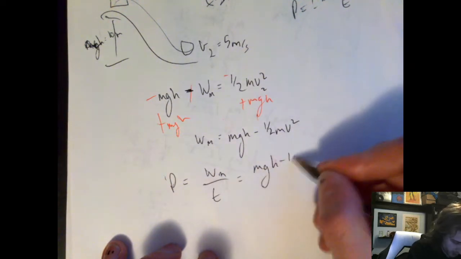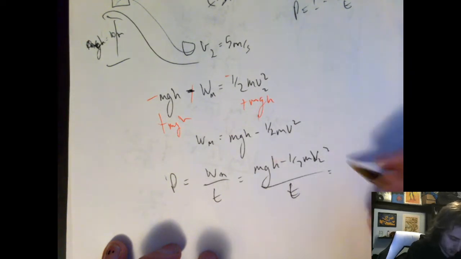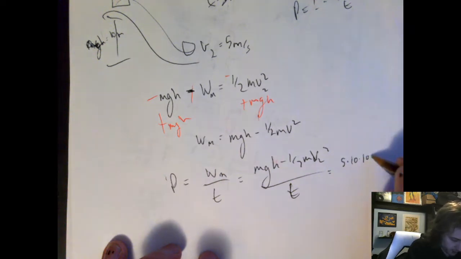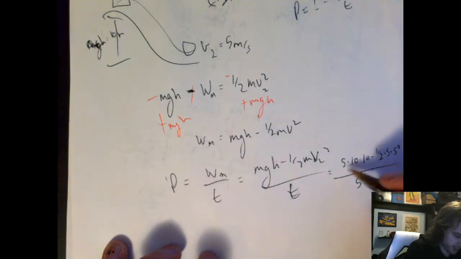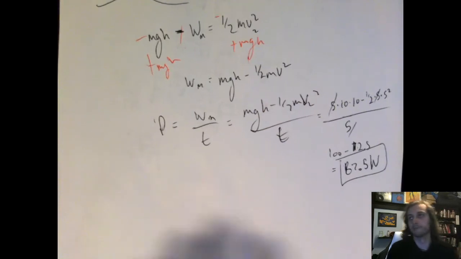So mgh minus 1/2 mv squared, divided by our time: 5 times 10 times 10 minus 1/2 times 5 times 5 squared, divided by 5. So 100 minus half of 25, which gives us 87.5 watts of power. That's it.